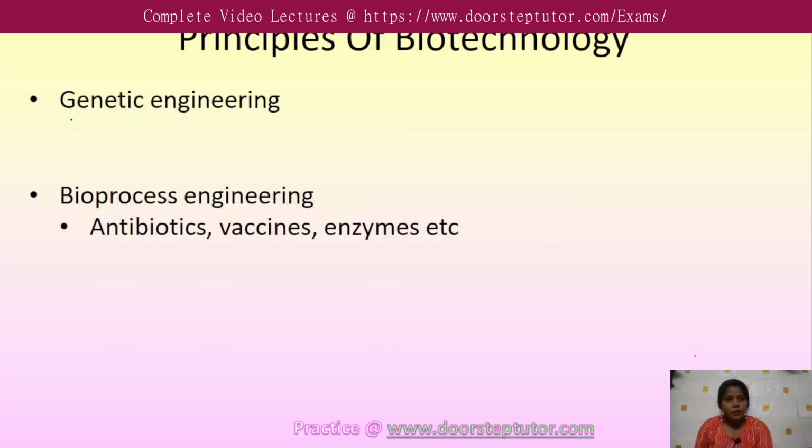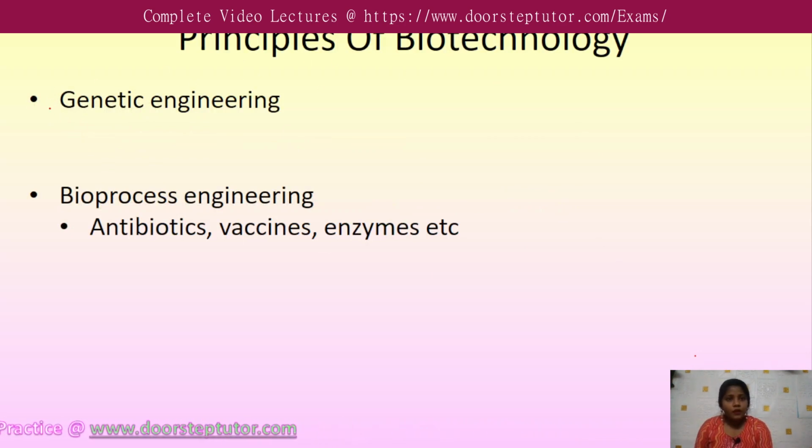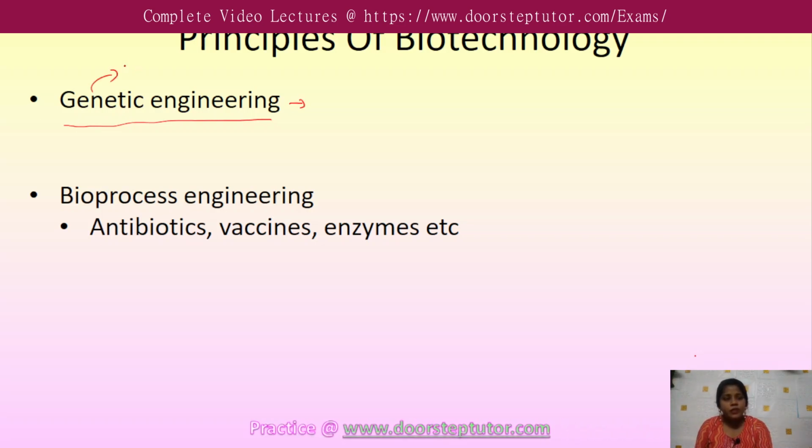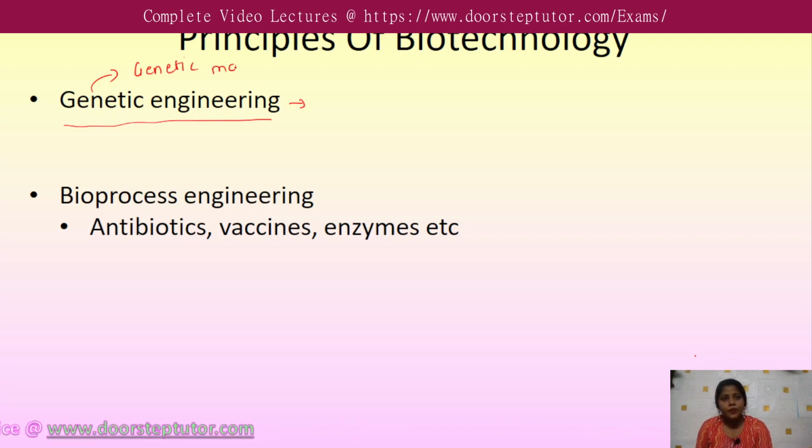So first, there are two types of biotechnology, or ways of biotechnology involved. First is genetic engineering and second one is bioprocess engineering. In case of genetic engineering, as the name suggests, we are doing something with the genetic material.